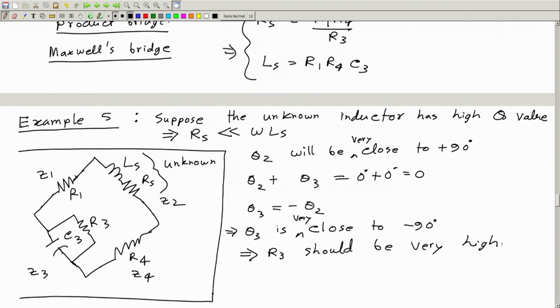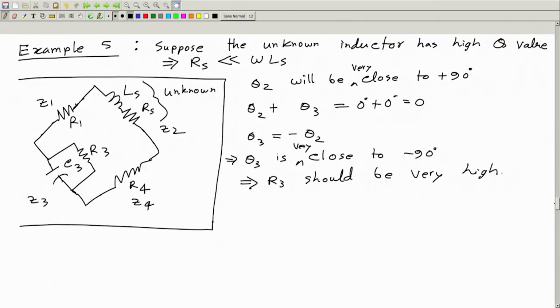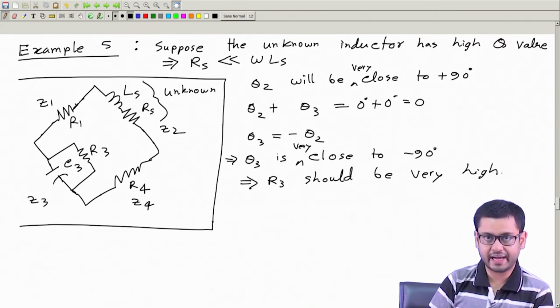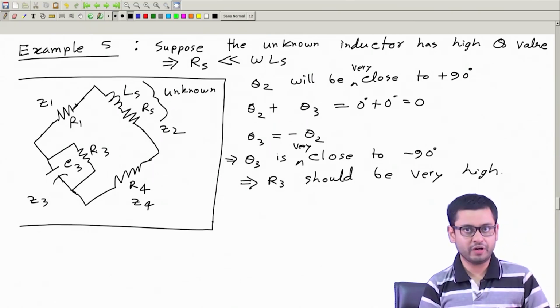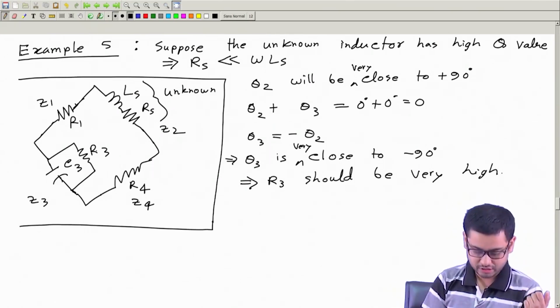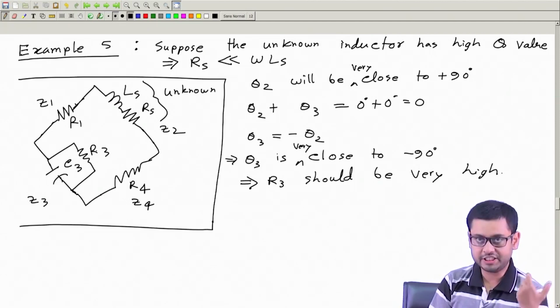Now, there could be a problem due to this, because in a previous chapter we have seen that high value resistances are difficult to measure. So, it is difficult to have a variable, standard, high value resistance. High and very low resistances are difficult to achieve.